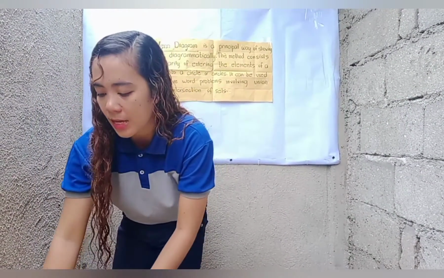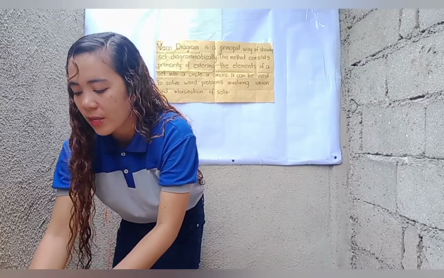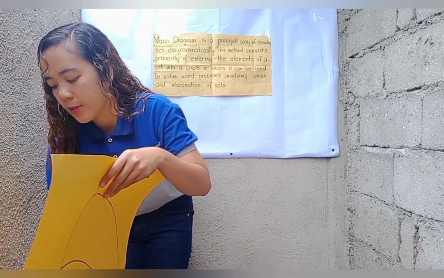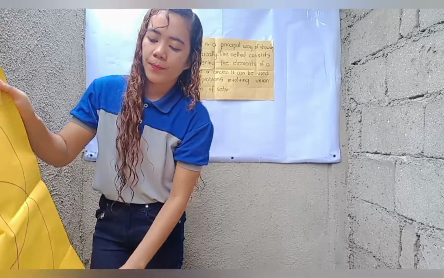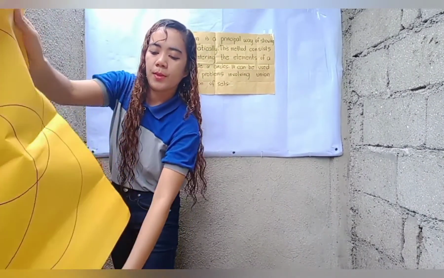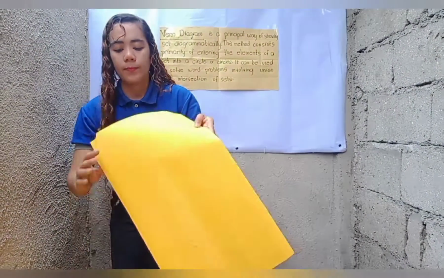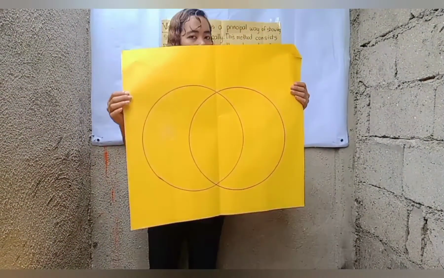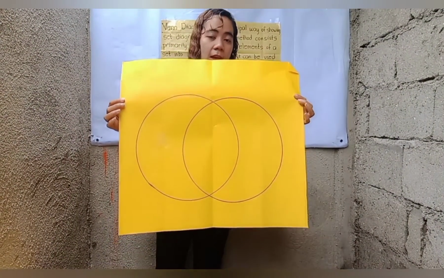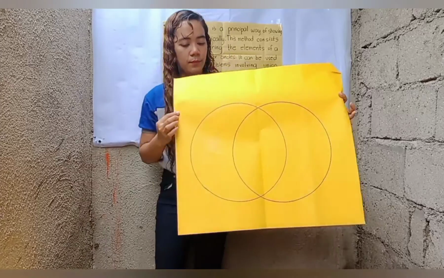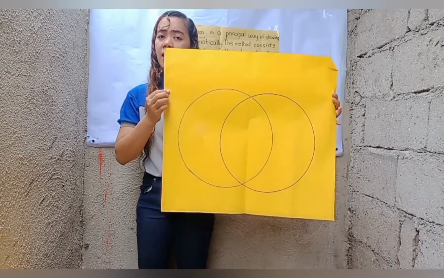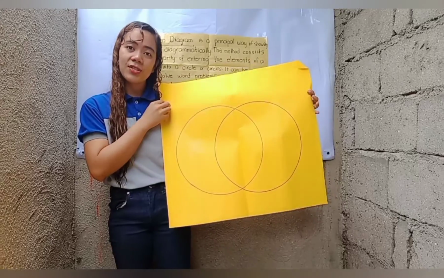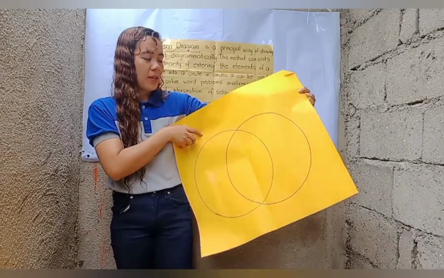To simplify that, I have here illustration about Venn diagram. Ito. This is what we call Venn diagram. It's just like you have two circles and then you intersect the two circles, forming into this.